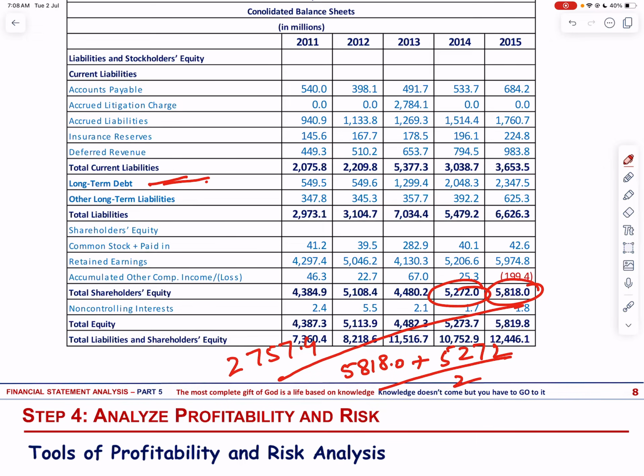So this will be equal to how much? This will be equal to about 49.7%. So Starbucks achieved a notable return on common stock equity of 49.7% in the year 2015, reflecting its strong position in the global coffee market and extensive store network.